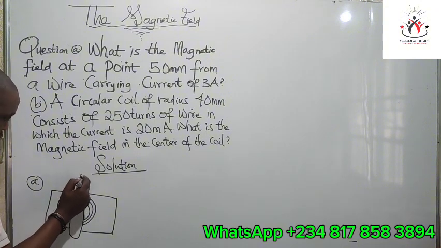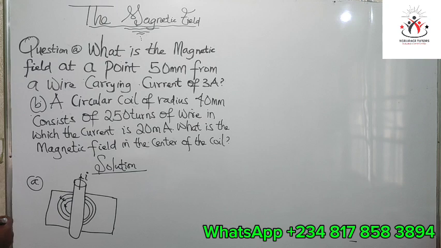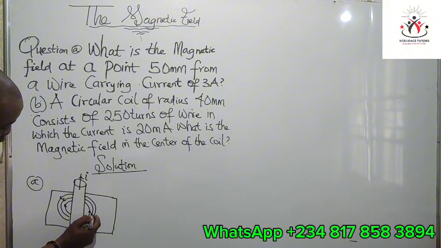Now, we have the direction of the current. The current is entering the straight conductor.